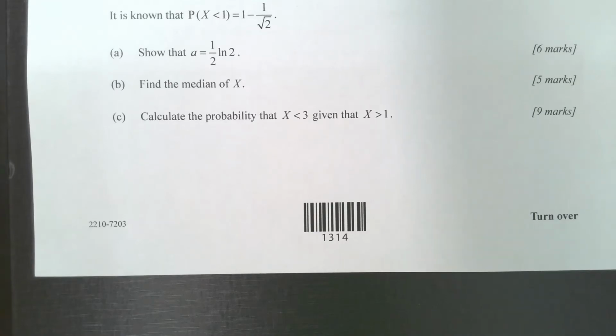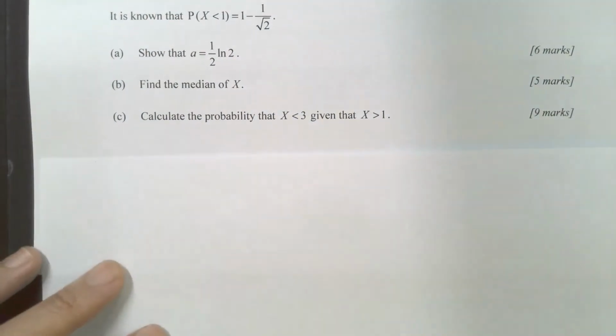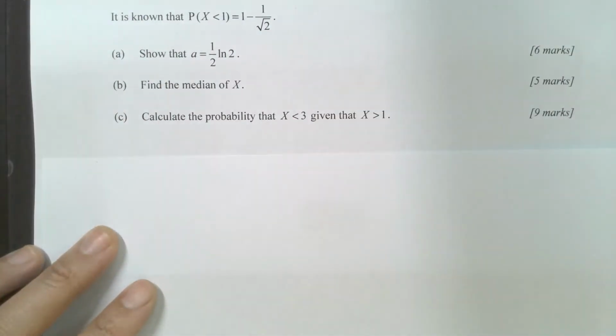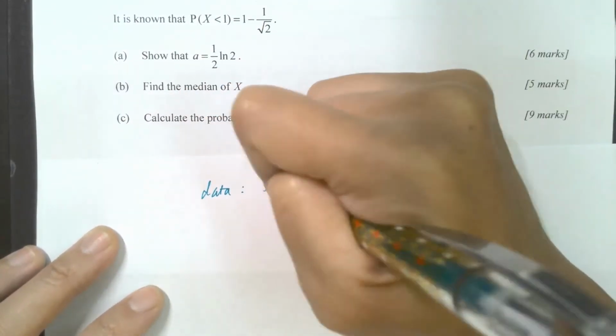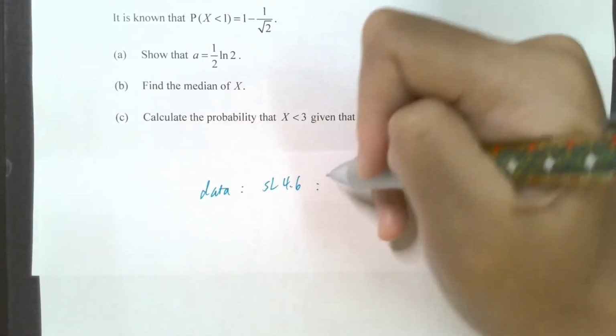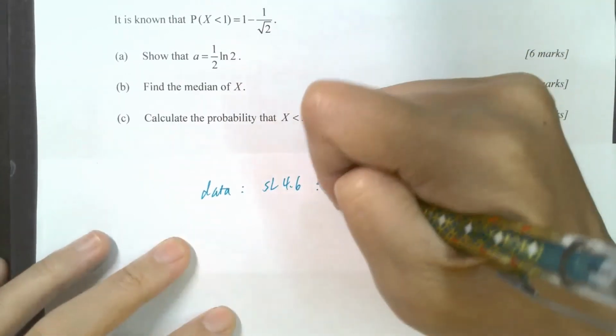So recall, now this one you're lucky, you do have a formula from your data booklet. I'm just getting my paper out. That's why the screen is not showing any change. Anyway, in your data booklet, it's SL 4.6, which gives you conditional probability.